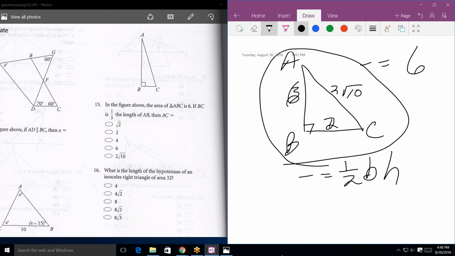Now, in reality, they didn't ask for the hypotenuse. The only thing, oh, excuse me, they sure did. Yes. I was thinking they were merely asking for what BC and AB was. I didn't read the whole problem. Yeah, you're right. You did need to solve for the hypotenuse. And it's this one right here. Yeah, very good.